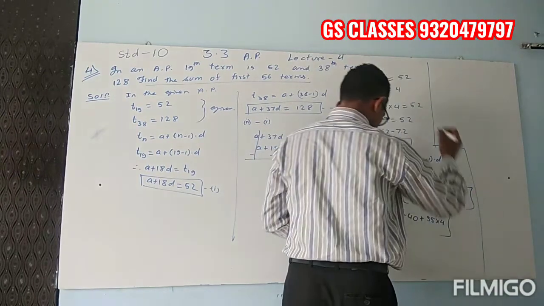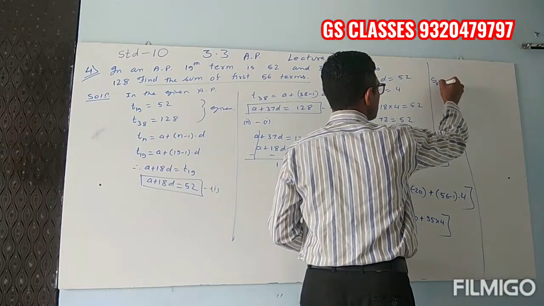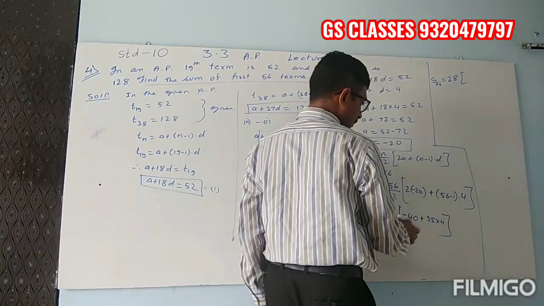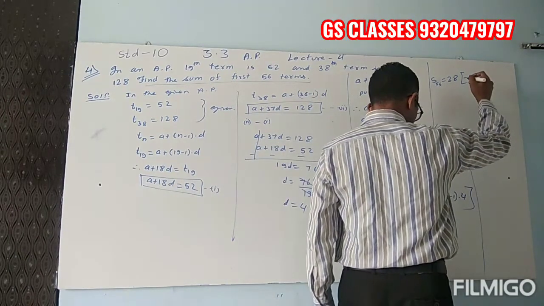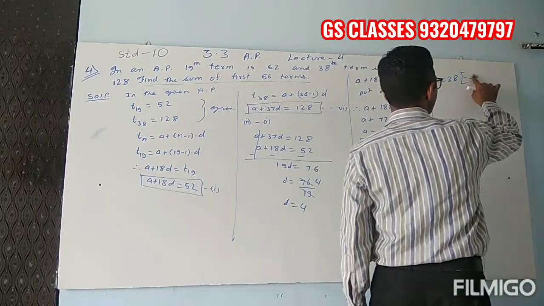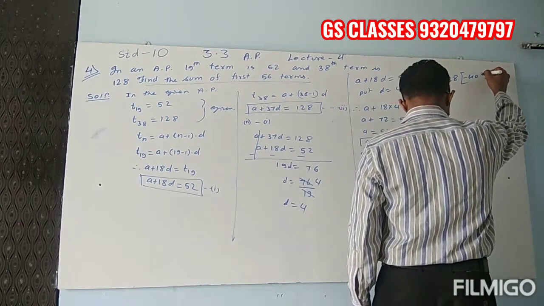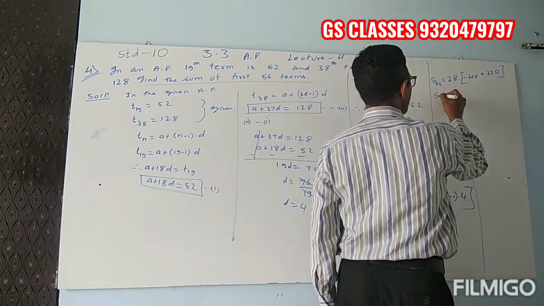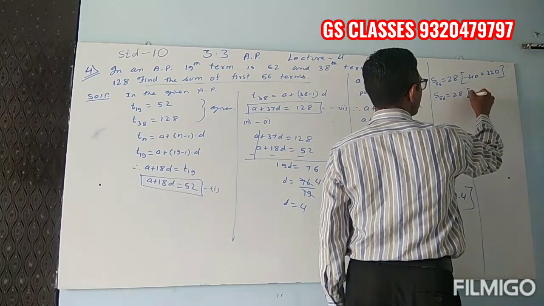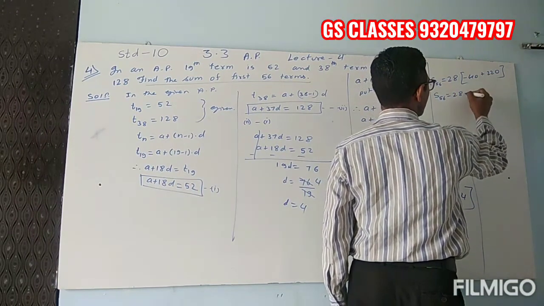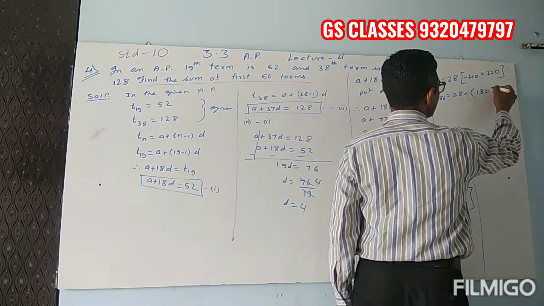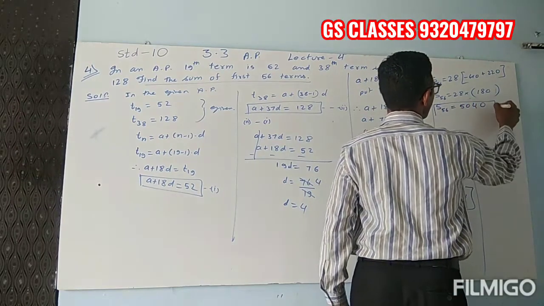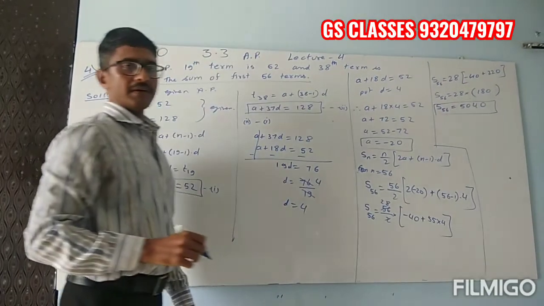So children, here we are getting S56 equals 28 into minus 40 plus 220. So S56 is going to be 28 into 180, which is 5040. Do the multiplication and confirm it.